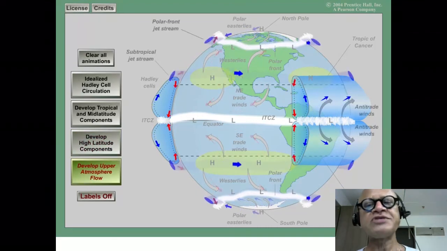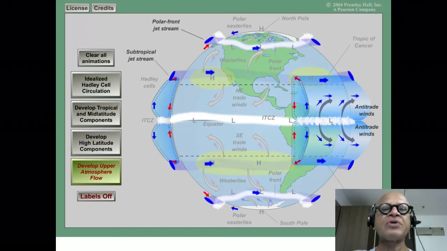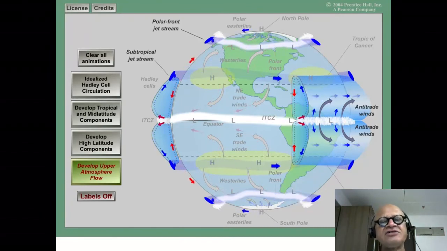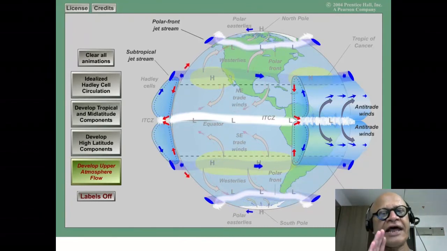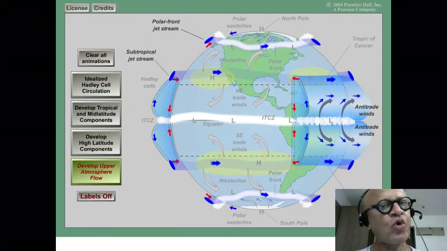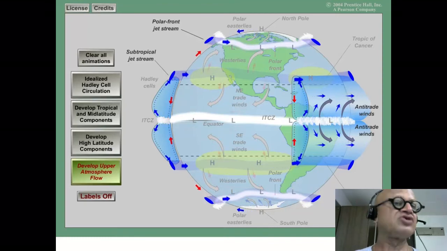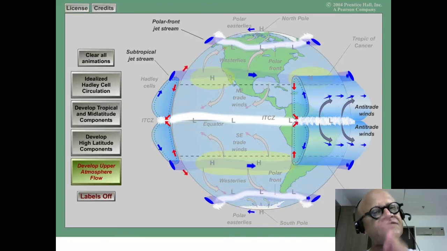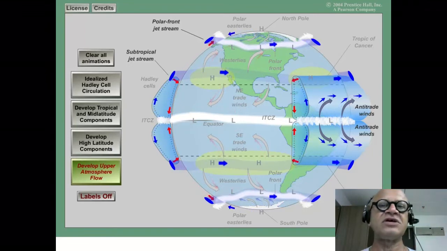So what we will do is add a little bit of the upper air circulation to this. Why? Because as I said, as the air is moving towards the poles in the Hadley cell, for example, Coriolis is going to act on that poleward moving air as well. In the northern hemisphere, it's going to be deflected to the right. In the southern hemisphere, it's going to be deflected to the left.